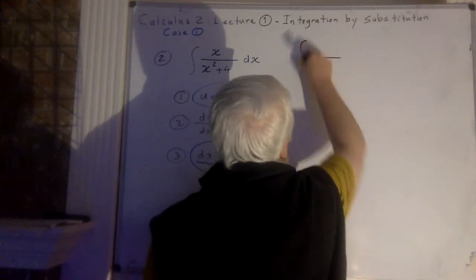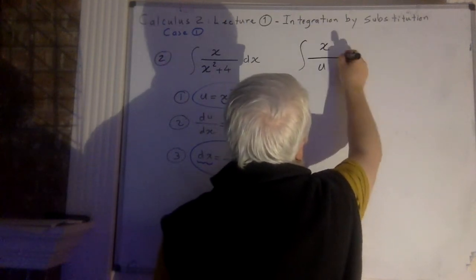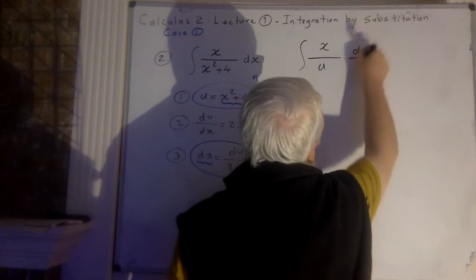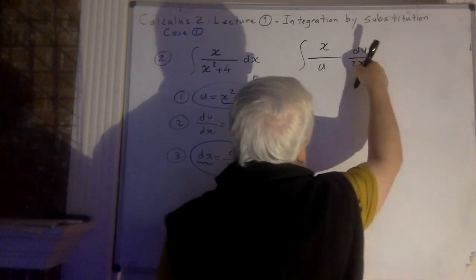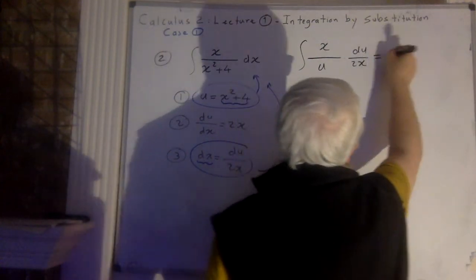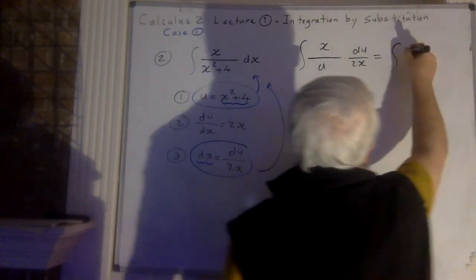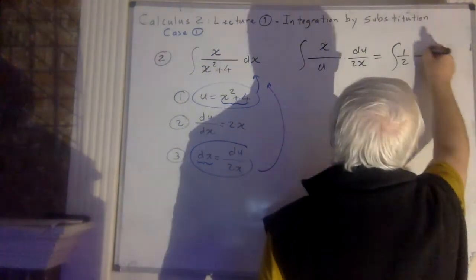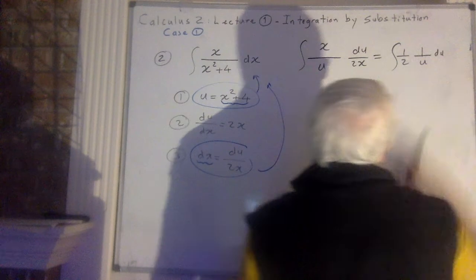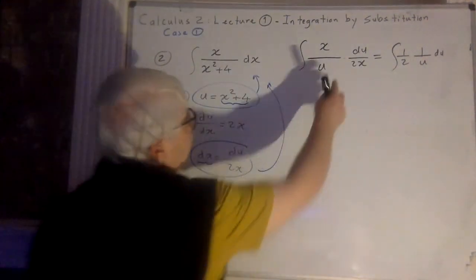I have x here, I have u here, and then I have du over 2x. So the x and the 2x cancel out. I have the integral, there is a 1/2 here, 1 over u du, right? This 1/2 comes from here.